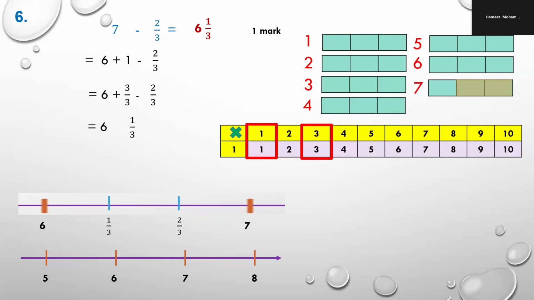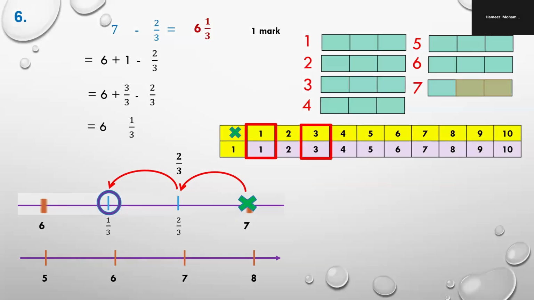If we look at the question up on top, 7, let's indicate that minus 2/3. It means we're going to the left. 1/3, 2/3. So we have moved 2/3 to the left. And what are we ending up with? 6 and 1/3. So 3 different ways of looking at this question.